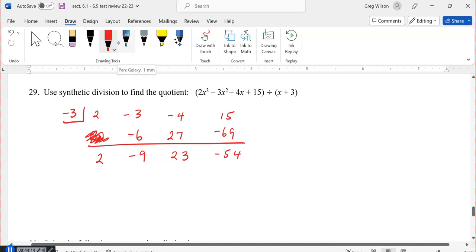All right, and we divide it into third degree, so this should be second degree. So 2x squared minus 9x plus 23, and the remainder of negative 54 is going to go over x plus 3.